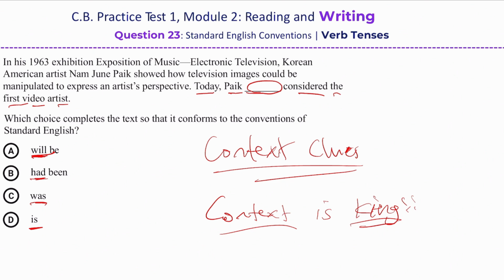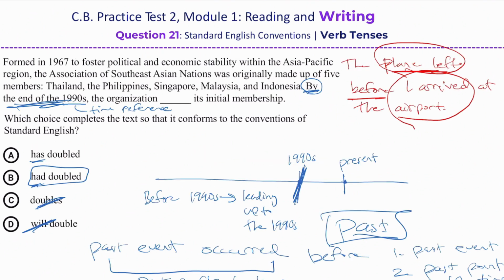So which event would that be? Which event occurred first, you guys? The plane leaving or my arriving at the airport? Well, you would say, right, the plane leaving, because the plane left before you arrived. So the plane was gone by the time you got to the airport, right? So we know that this is the first event, right?